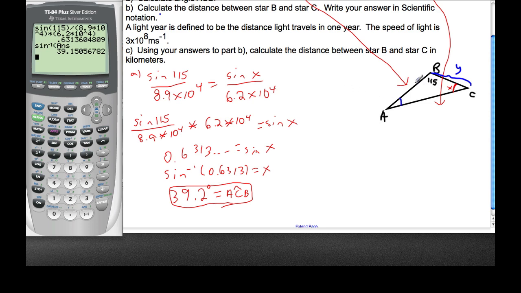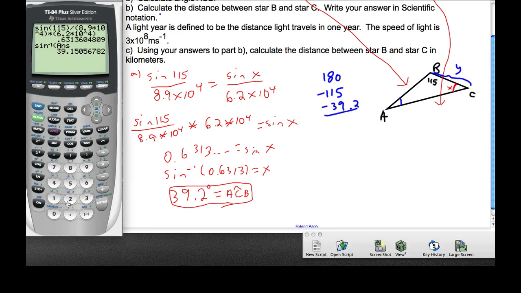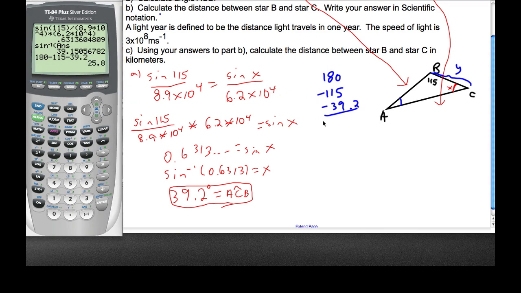I now have this angle and this angle, but I don't have that one. However, a very simple property: angles in a triangle add up to 180. So 180, take away 115, subtract 39.2, and we get that last angle, 25.8.